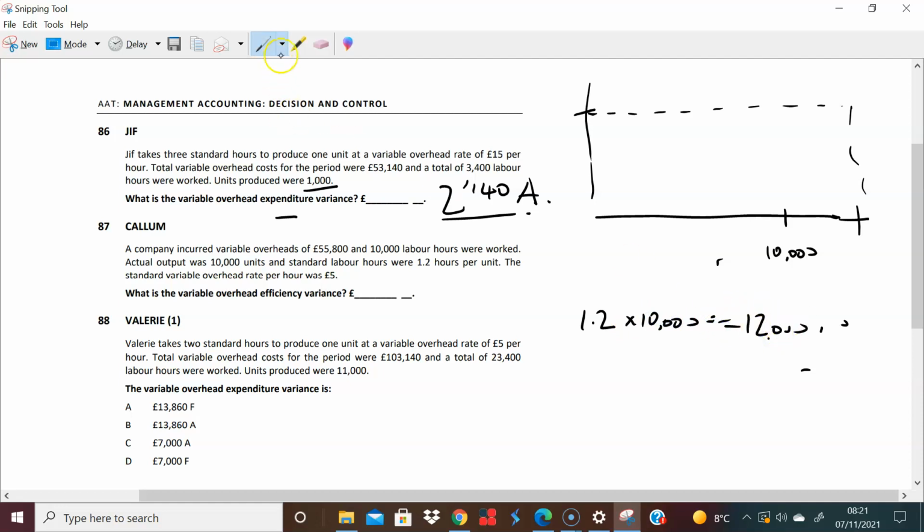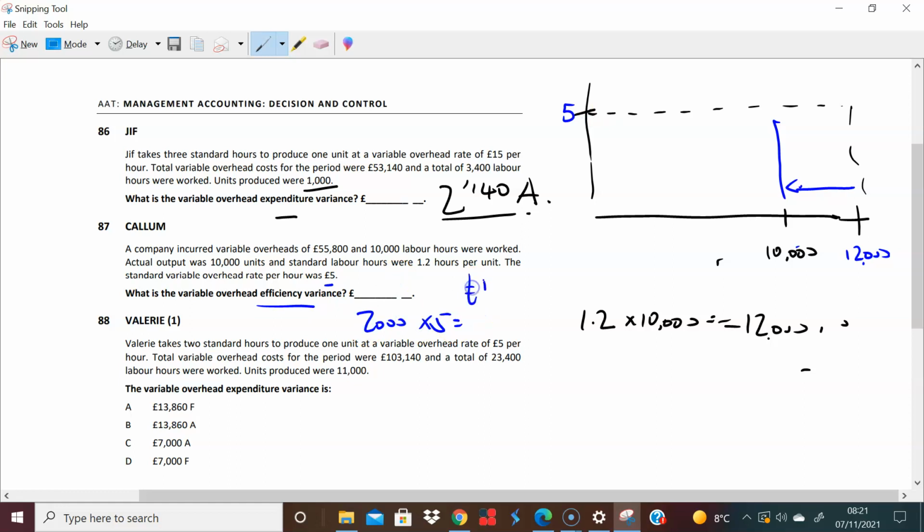So the standard, therefore, is 12,000. That means that you actually did 2,000 hours less than you should have. The standard variable overhead rate is £5. This is asking for efficiency, so it is literally the difference, 2,000 times 5.